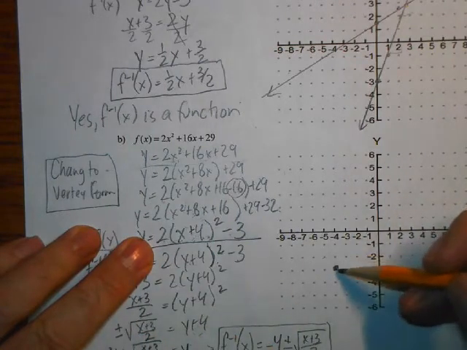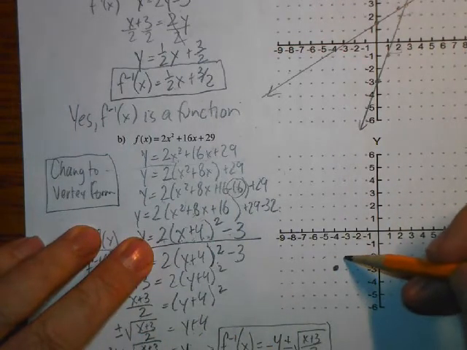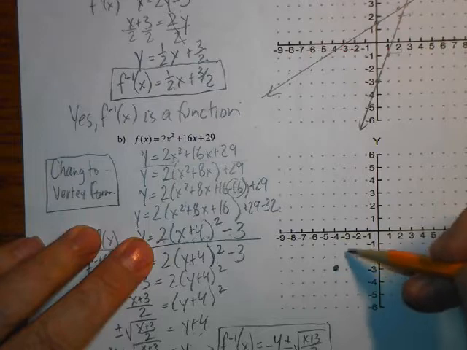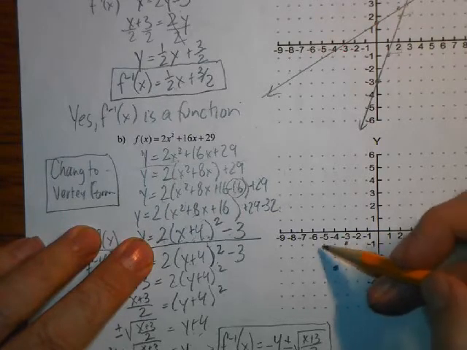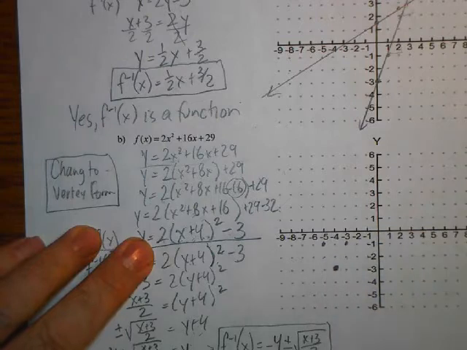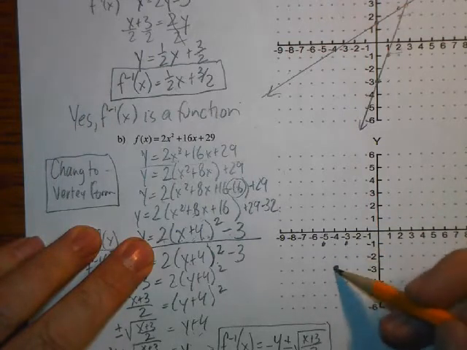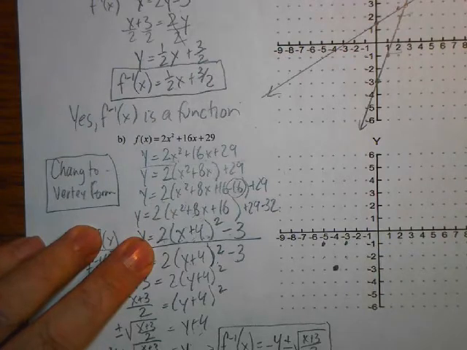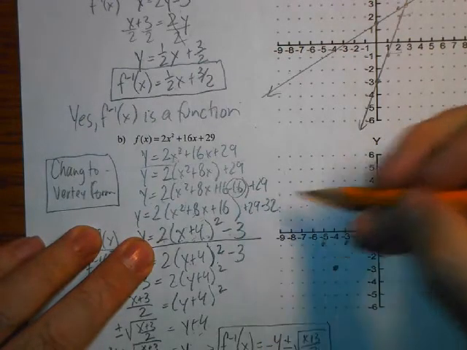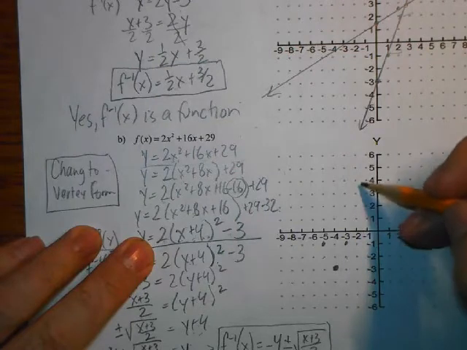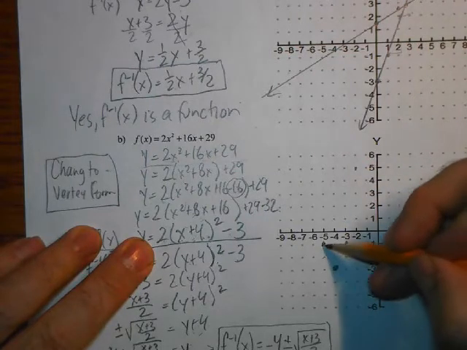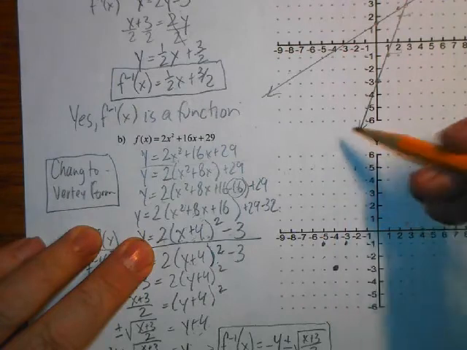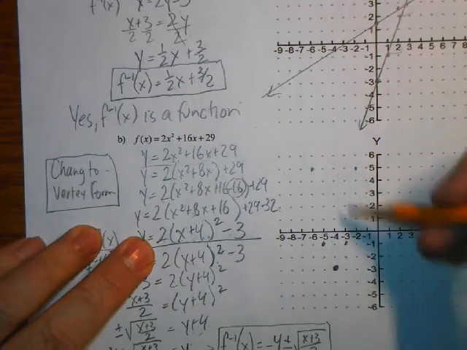So I can look at where the points would have been and then multiply that difference by 2. So I'm not going to get into quadratics here, but those would be 2 points, 1 to the right, 1 to the left, and 2 up. And then I have another point at negative 2, 5, and its mirror point over here at negative 6, 5. So I now have enough points.